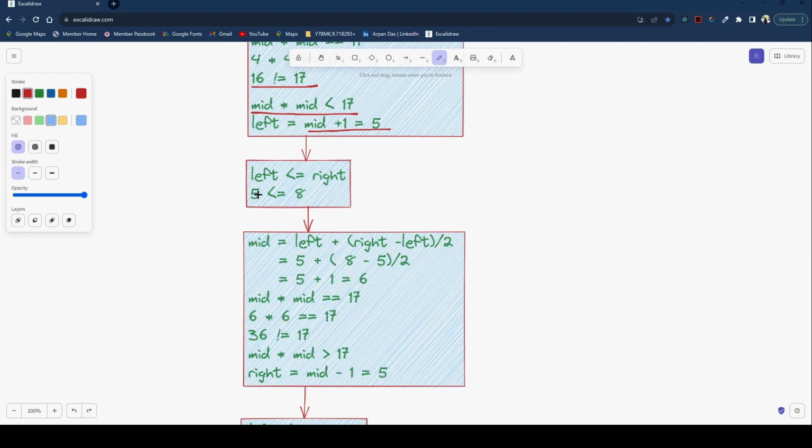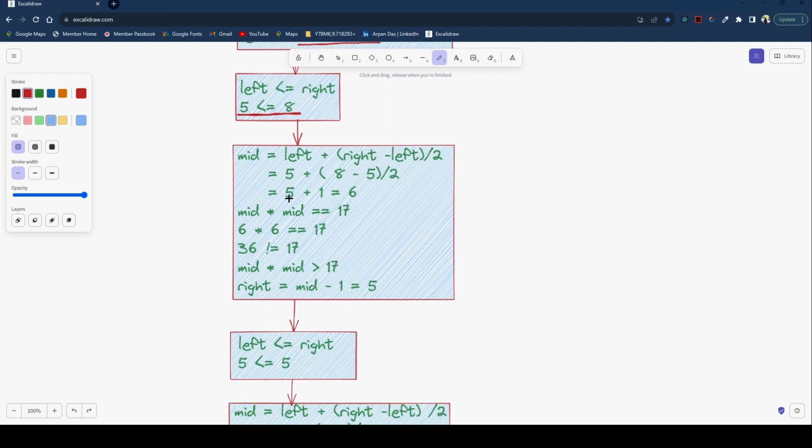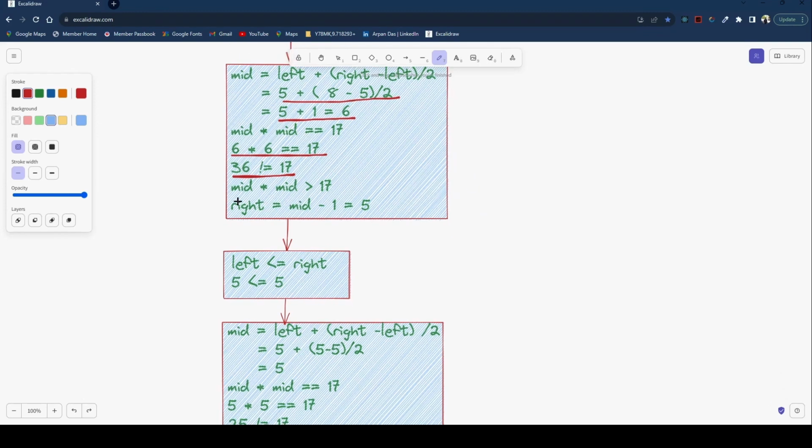Here left is smaller than or equal to right, 5 smaller or equal to 7. The mid equals left plus (right minus left) divided by 2, 5 plus (7 minus 5) divided by 2. It will be 6. 6 into 6 is greater than 17. Then we have to move to the left part, the right.